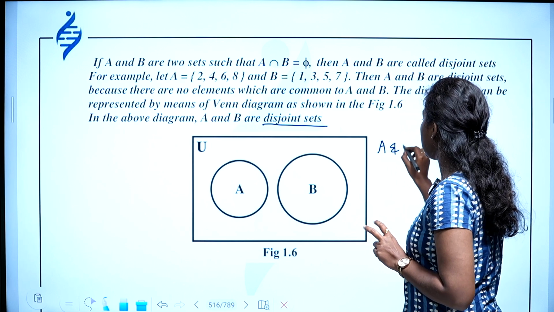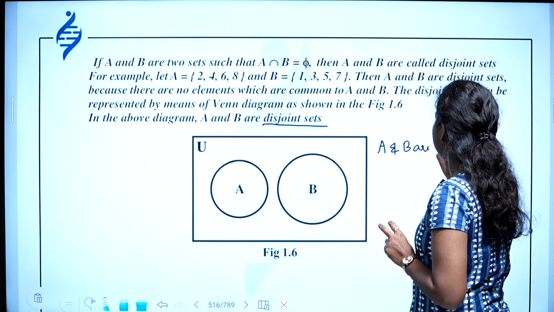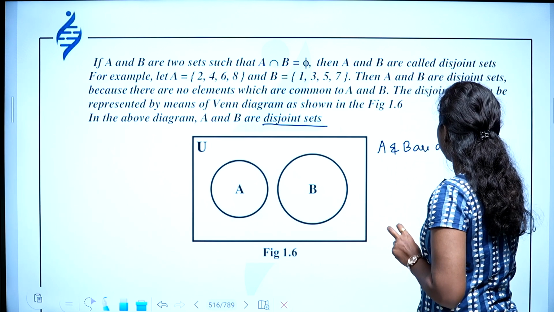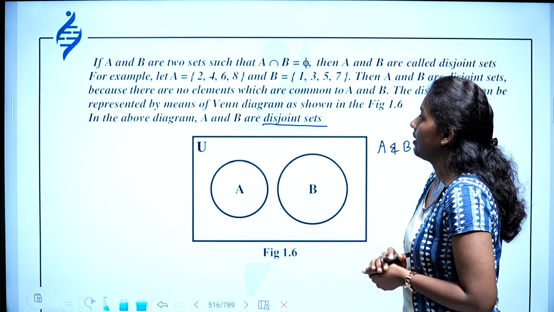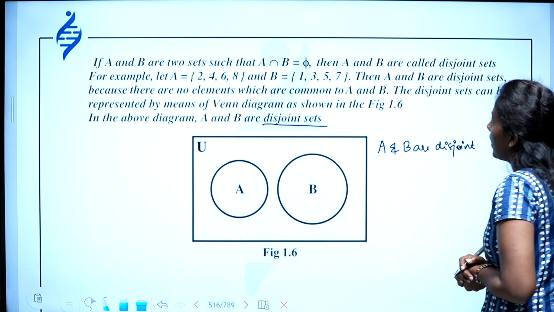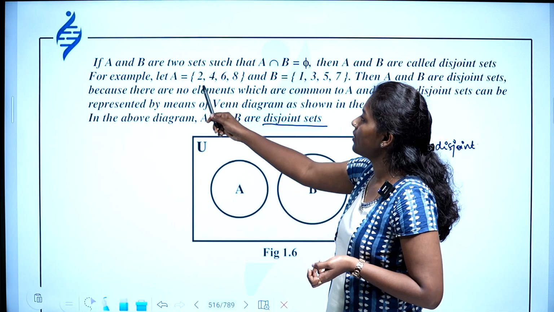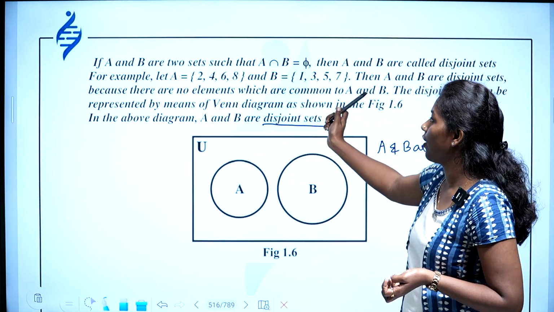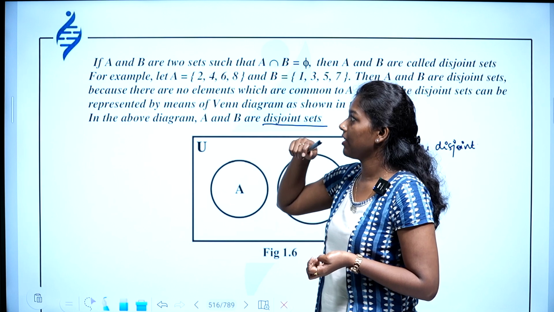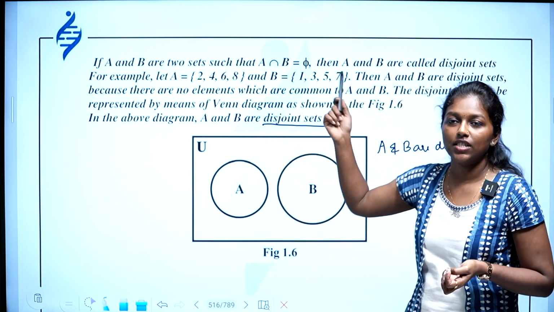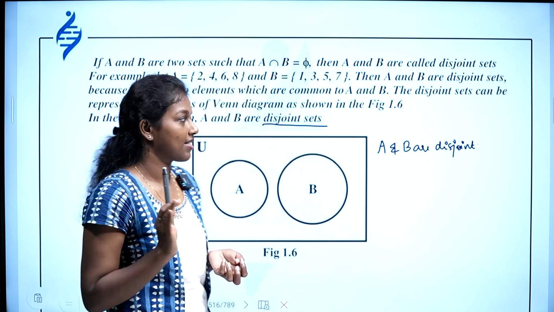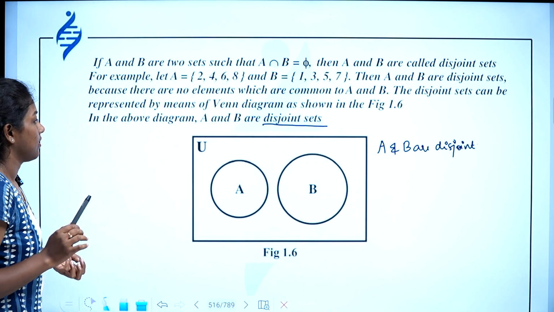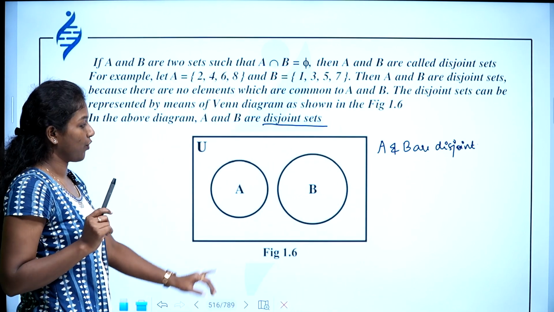So here A and B are disjoint. Why do we say that? Because they have no elements in common. An example is given here: 2, 4, 6, 8 and 1, 3, 5, 7. These are even numbers and these are odd numbers, and here A intersection B is equal to phi because there are no common elements. And this is the Venn diagram for a disjoint set.